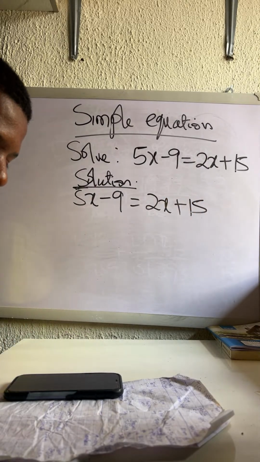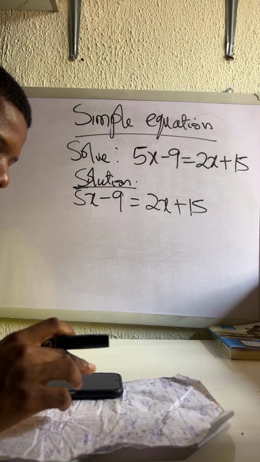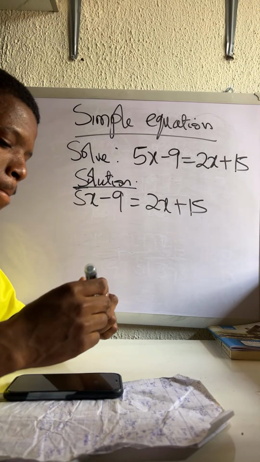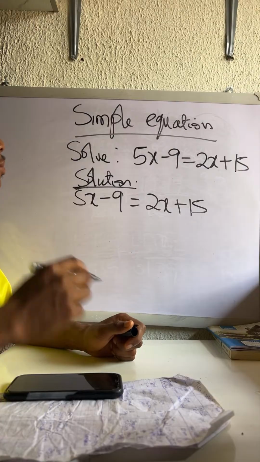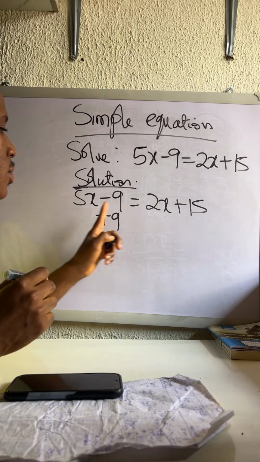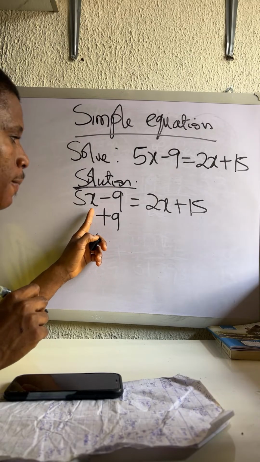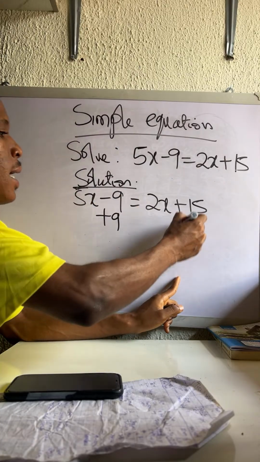So what do you do? Add 9 to both sides. We are collecting like terms. We need 5x to be on its own. So if you add 9 to both sides, here we are going to also add 9 here.